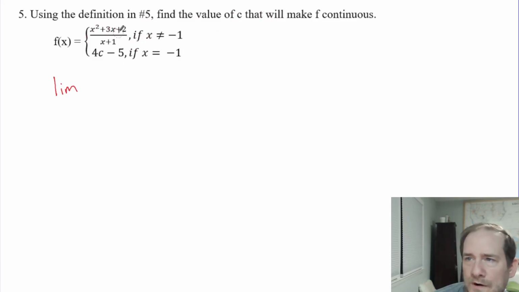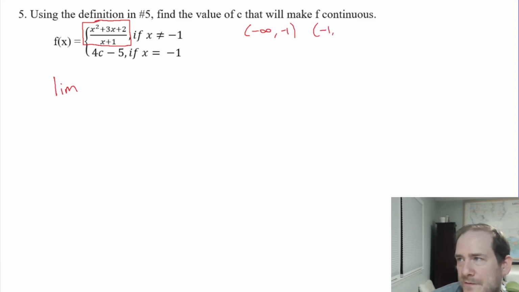Well, we're already continuous everywhere but -1, because we know this function is continuous everywhere except for the 0 of its denominator. So we're automatically continuous from -infinity to -1 and from -1 to infinity. So the only thing we really have to test is for continuity right at -1.